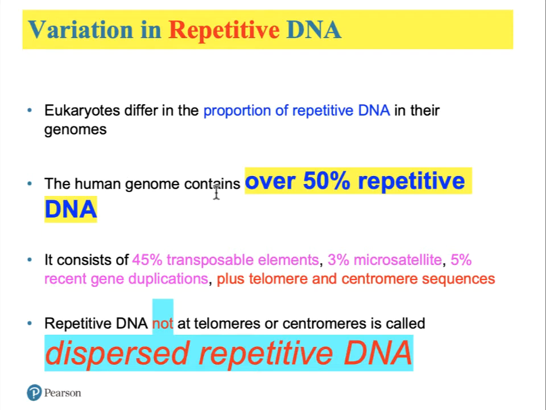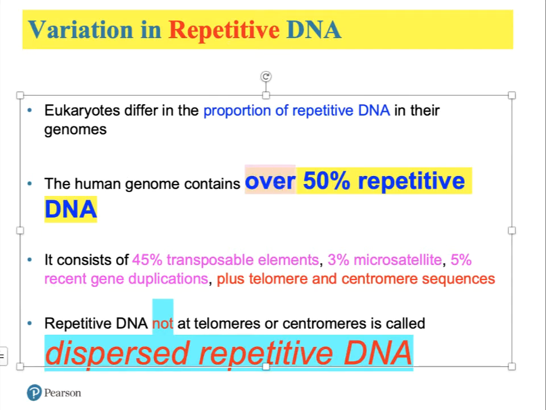The human genome contains over 50% of its DNA as repetitive DNA. And out of that 50%, 45% are transposable elements, 3% are microsatellites, and a further 5% represent gene duplications. That's not including the telomere and centromere sequences that exist.